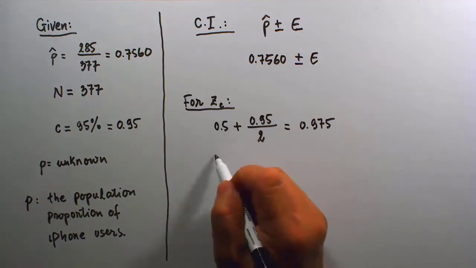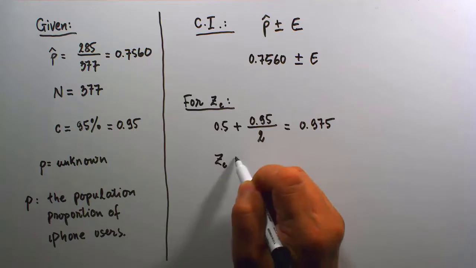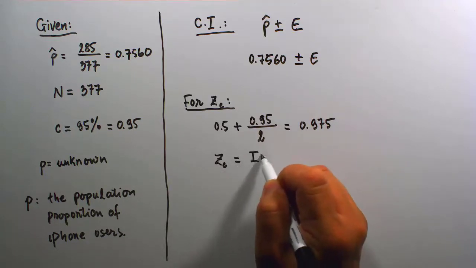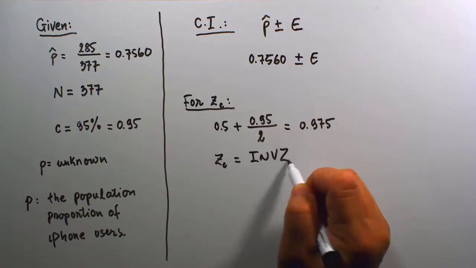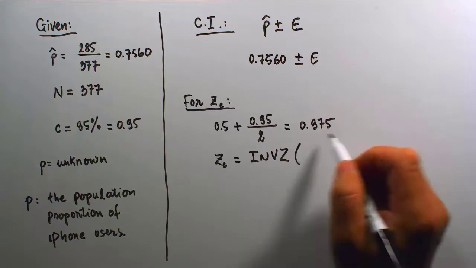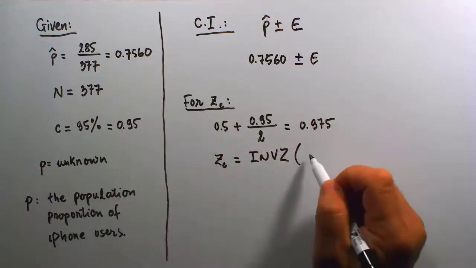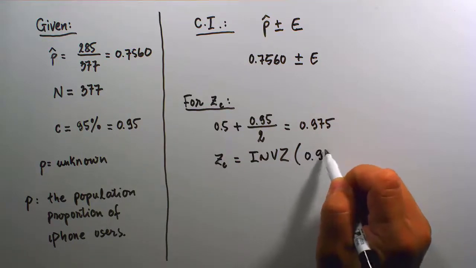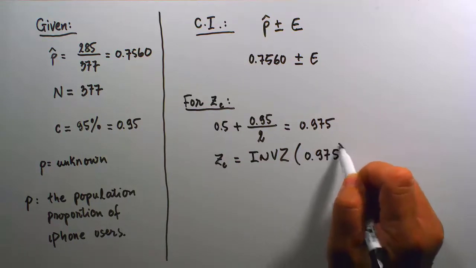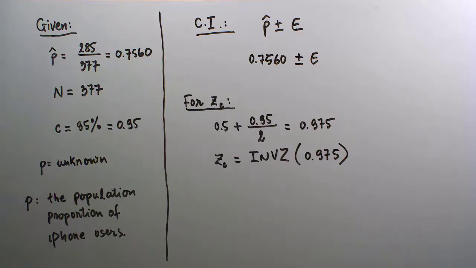Then z sub c comes out by running the INVZ program, given that the area left of this z sub c is going to be 0.975 that we provide for the INVZ program. So as far as the steps, these are the basic steps.